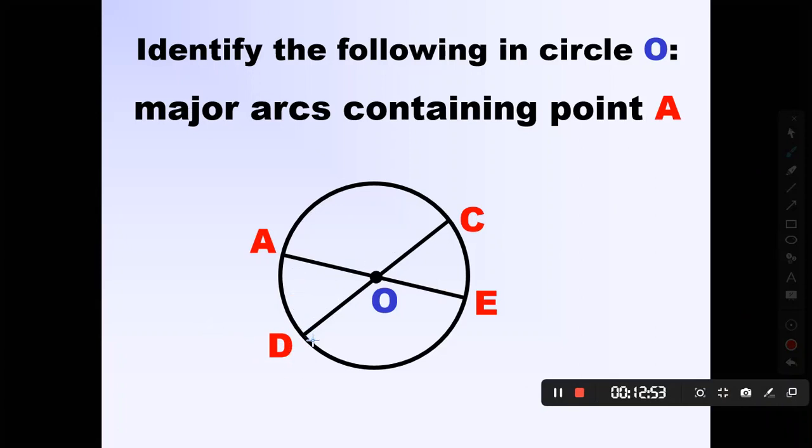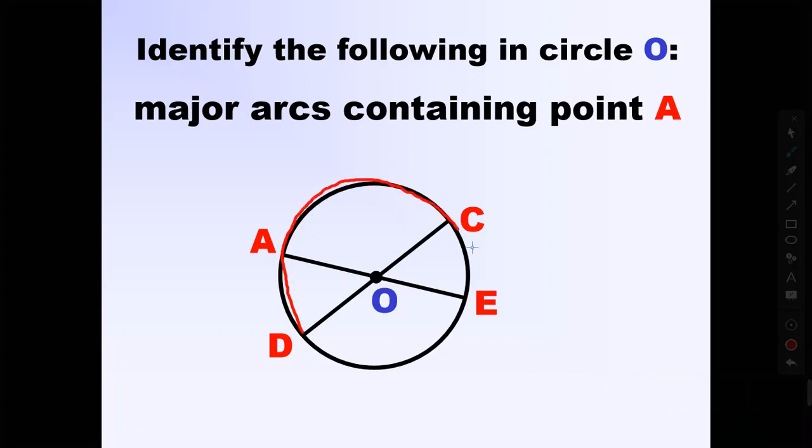So include A. How about DAE? Or ACE? No, ACE is not, right? ACE is 180 degrees. Or we can write EDAC, right? EAC is bigger than 180 degrees. So this is the difference between the major arcs, the minor arcs and the semicircles.